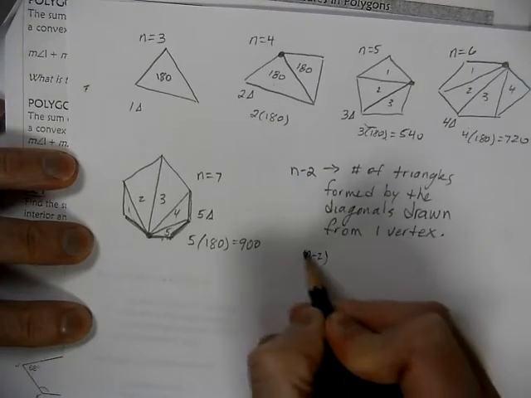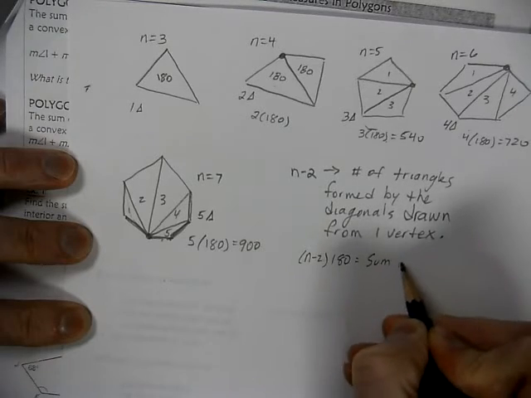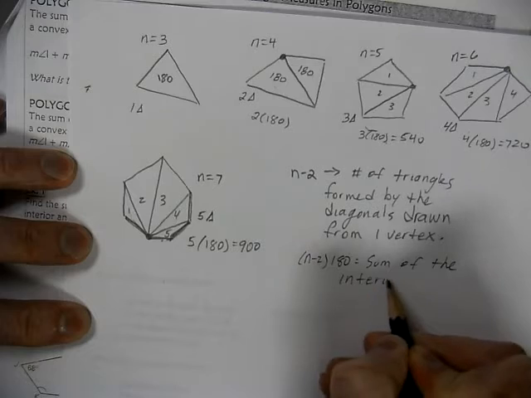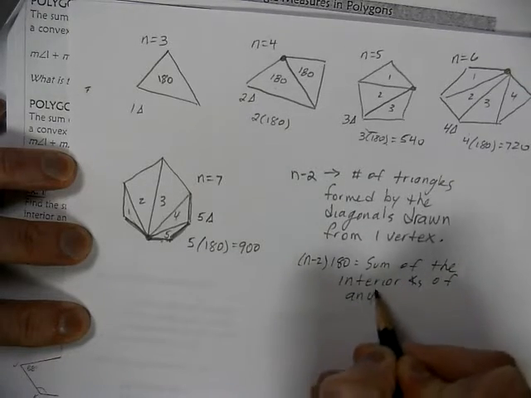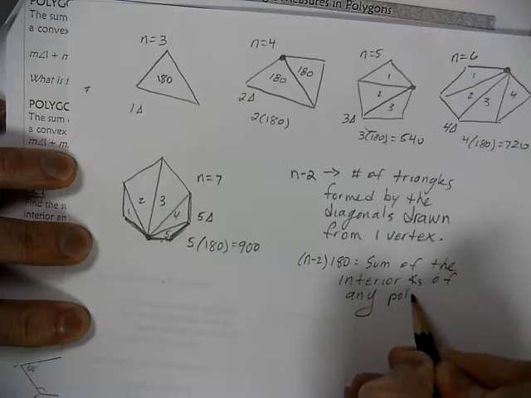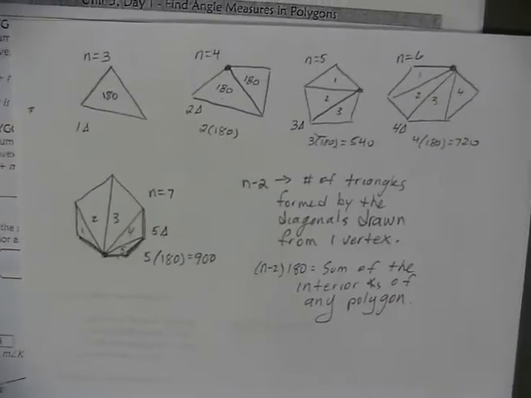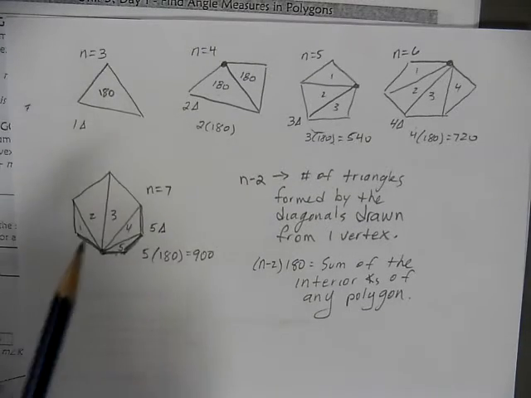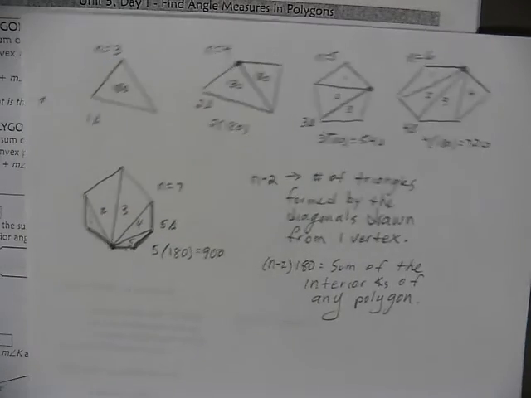N minus 2 times 180 is the sum of the interior angles of any polygon. So that's a good recognition of what it takes to find the sum of the interior angles of a polygon.